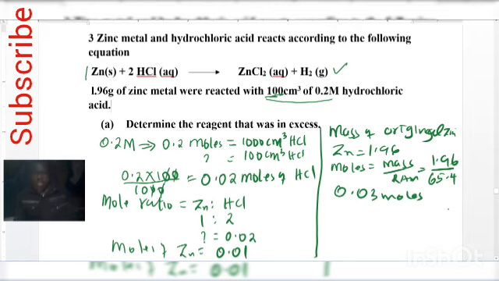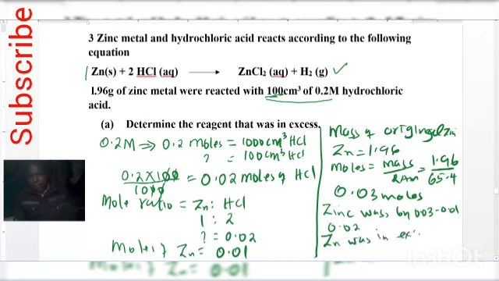So initially the number of moles of zinc was 0.03, but what reacted with HCl is 0.01. Now which one was in excess? So it means that the zinc was in excess by how many moles? That is 0.03 minus 0.01, so by 0.02. Therefore it means that the zinc was in excess.